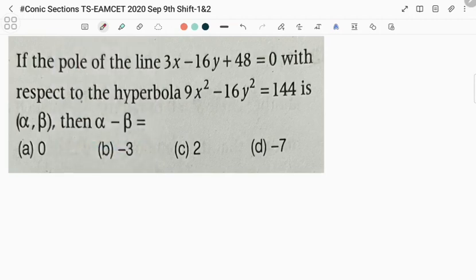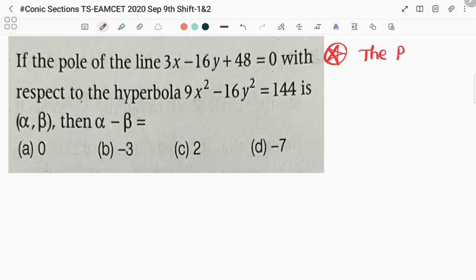This is the standard question. If pole of the line 3x minus 16y plus 48 equal to 0 with respect to the hyperbola 9x square minus 16y square equal to 144 is alpha and beta, then alpha minus beta equal to. So here I am writing one important formula.